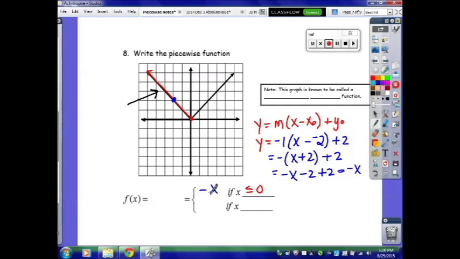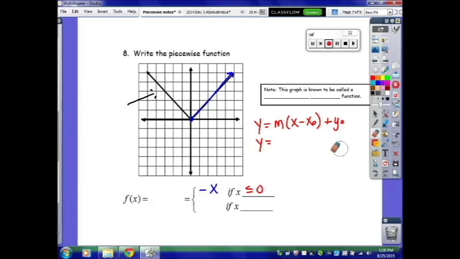All right, let's do the same thing to the other piece. So let's look at this. We're going to start here and go on. Let's find the equation of that. Point slope form works every time, so I want to pick another point. Now here, since I closed here at x is less than 0, my other side has to be open.